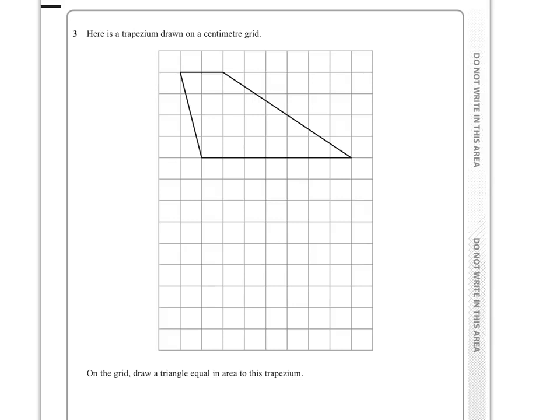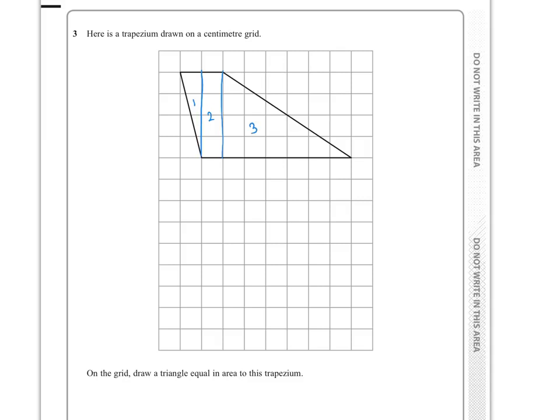Question 3. There's a trapezium drawn on a centimetre grid, and we've got to draw a triangle equal in area to this trapezium. Well, let's work out the area of it first. So we can split it up into 1 shape here, 2 shapes, and then a third one.